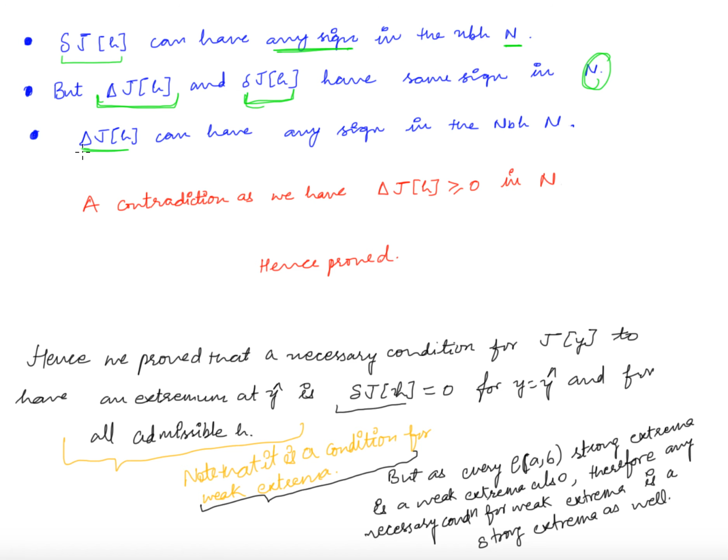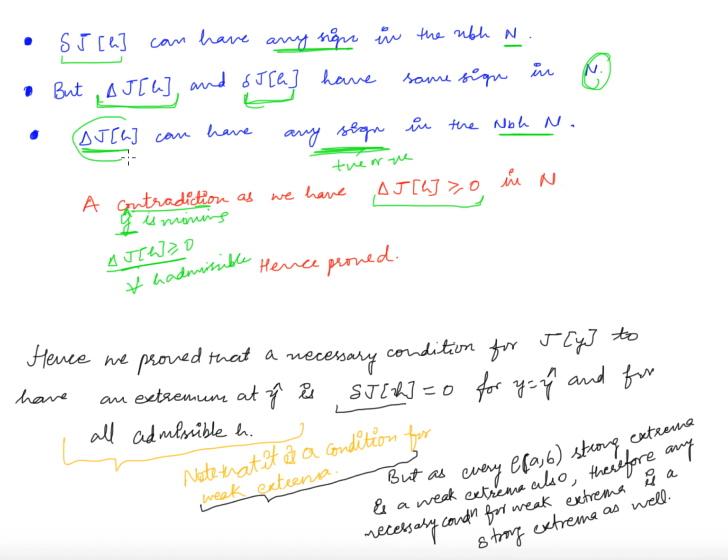So it means that the increment can have any sign, positive or negative, in this neighborhood N. But this is a contradiction, because y hat is a minimum. By definition, delta J of h is greater than or equal to 0 for all admissible h.